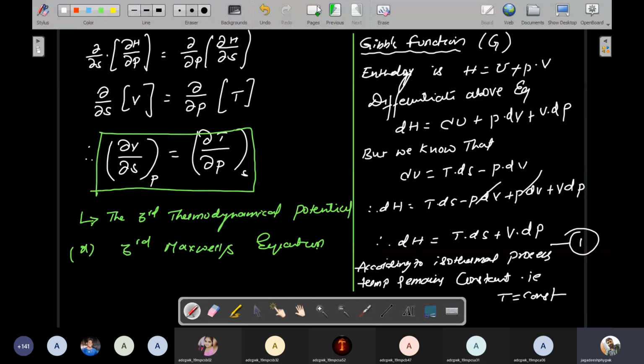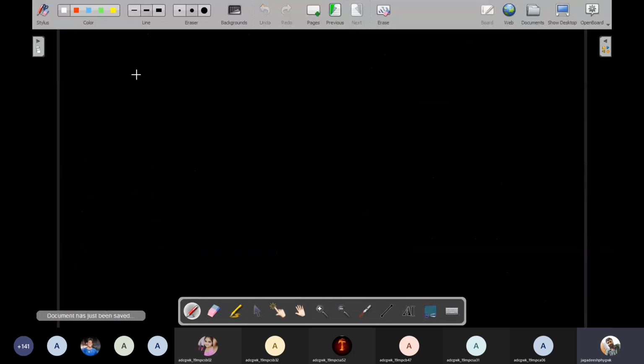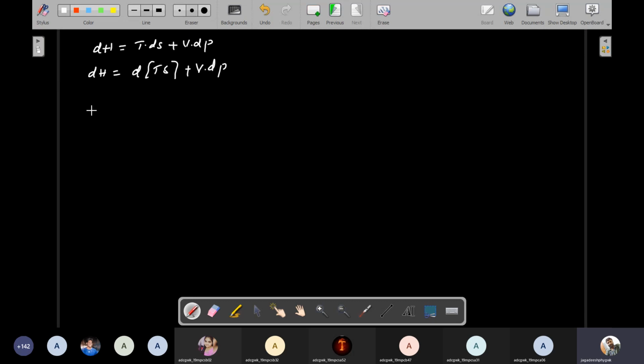Now see, I'll move to another page. So finally we will get dH is equal to d(TS) plus V dP, because temperature is constant and moves inside the derivative.